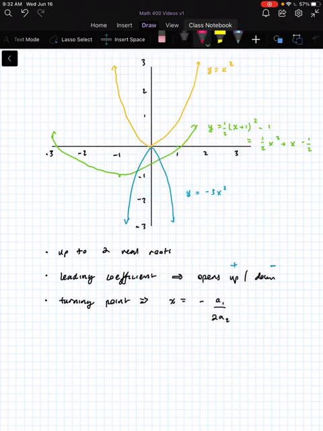You may recognize that as the algebra formula, x equals negative b over 2a, and it's the location of the vertex, which is what we call the turning point.